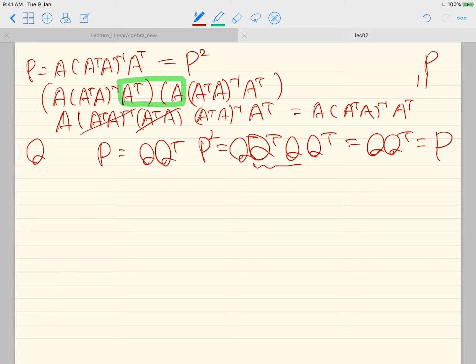Okay, and here let me ask a question. Is it possible that A is a rectangular matrix, or should A be a square matrix all the time?